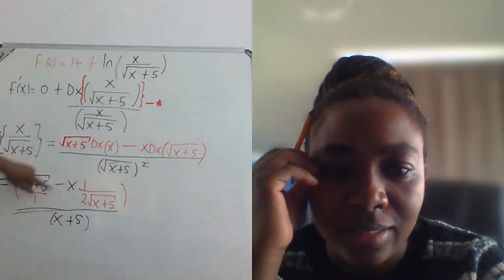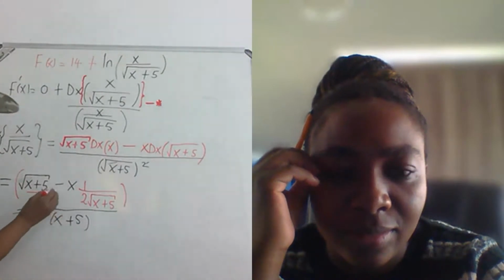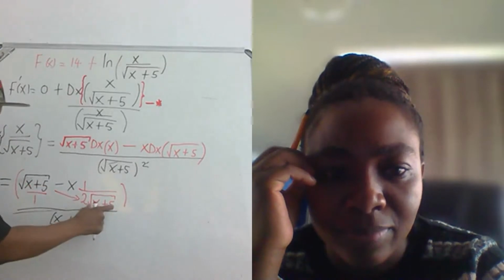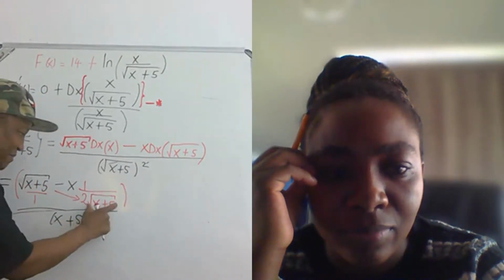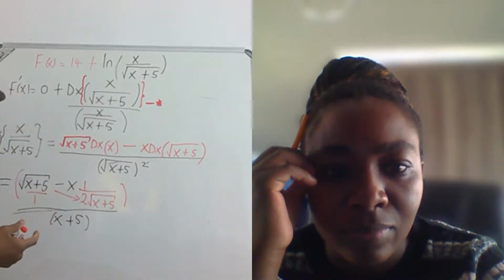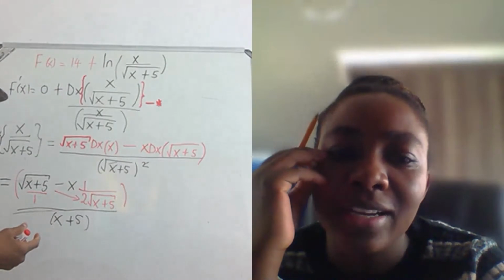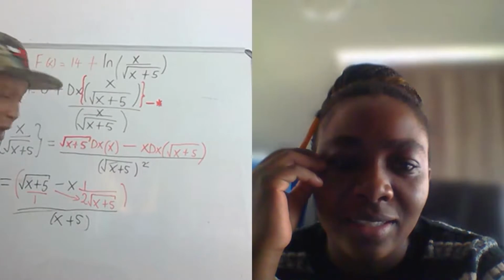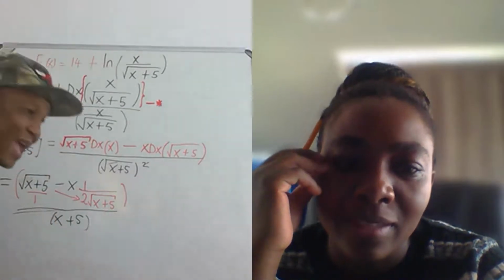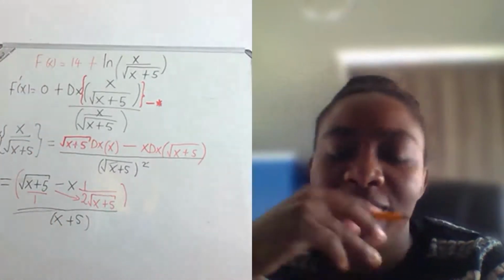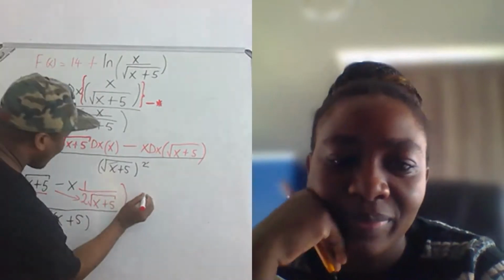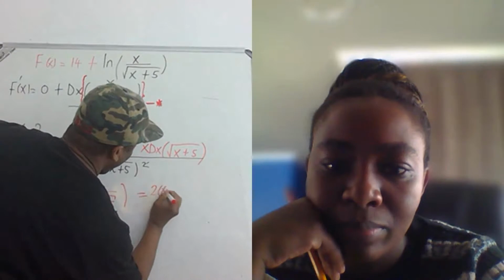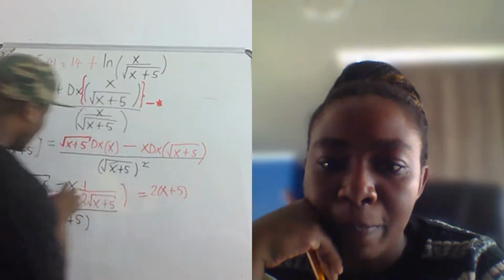The root is going to go. Then we're going to be left with x plus 5. But there's a 2, so it's going to be 2 times x plus 5. So this is going to become 2x plus 5. So this one we've done.